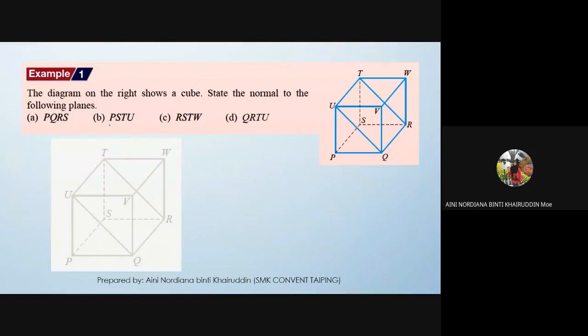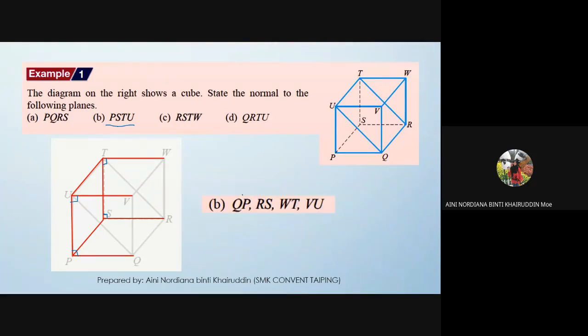plane PSTU. So this is the plane PSTU. So what is the normal to this plane? So first one, QP, 90 degree. Next, RS, WT and VU.